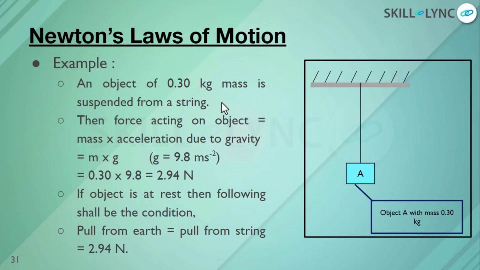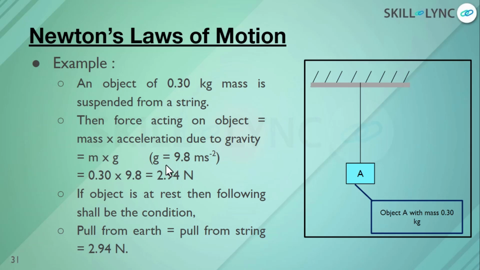Let's try to understand this using an example. An object A of mass 0.30 kg is suspended from a string, as given in the figure. Then the force acting on the object is equal to mass times acceleration due to gravity, where mass is denoted by m and acceleration due to gravity is denoted by g.